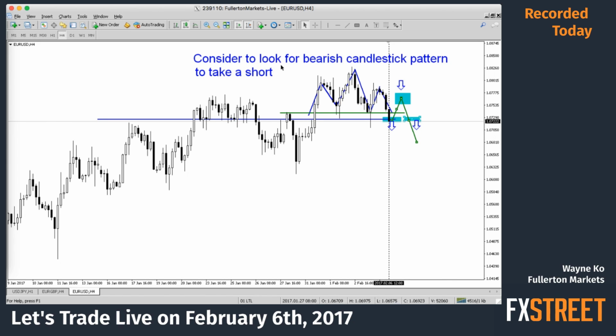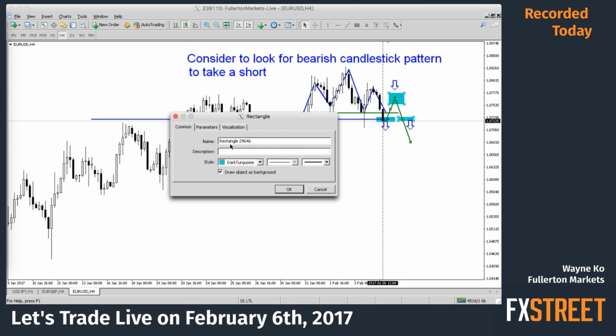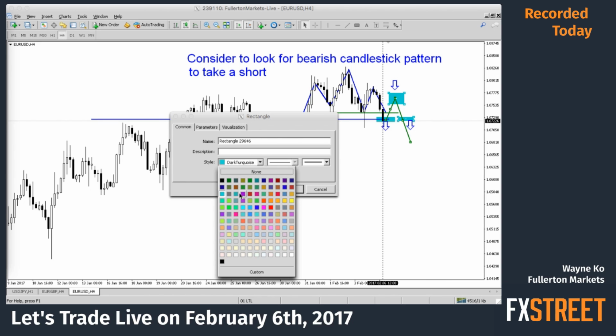So the comment is to consider looking for a bearish candlestick pattern to take a shot at the top box over here. Maybe I'll change the color as well.